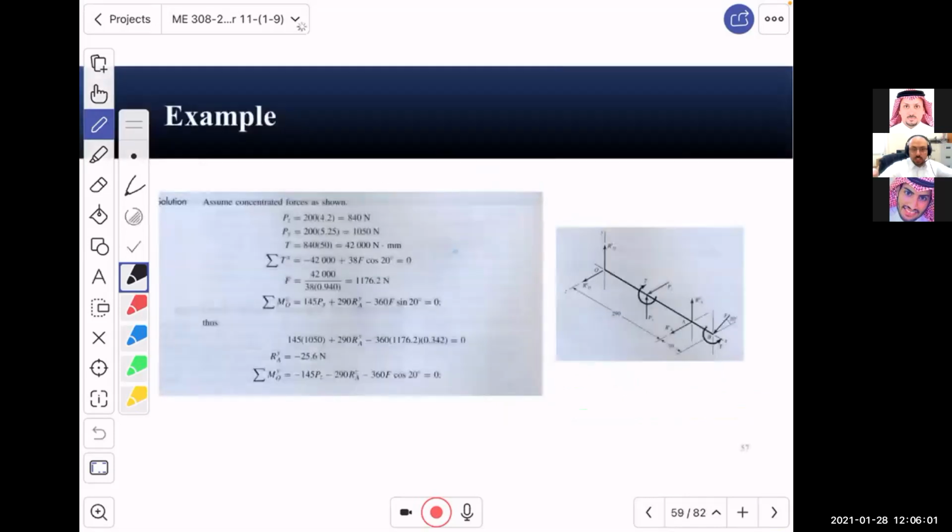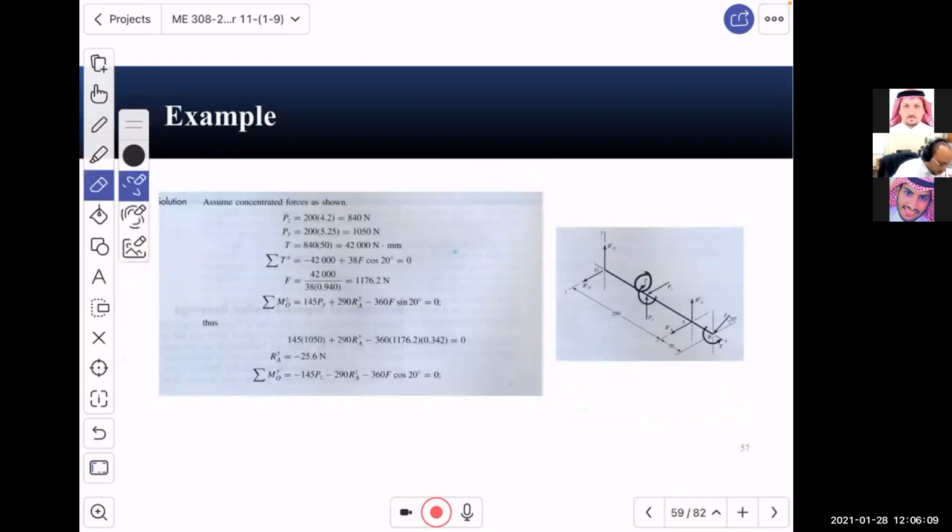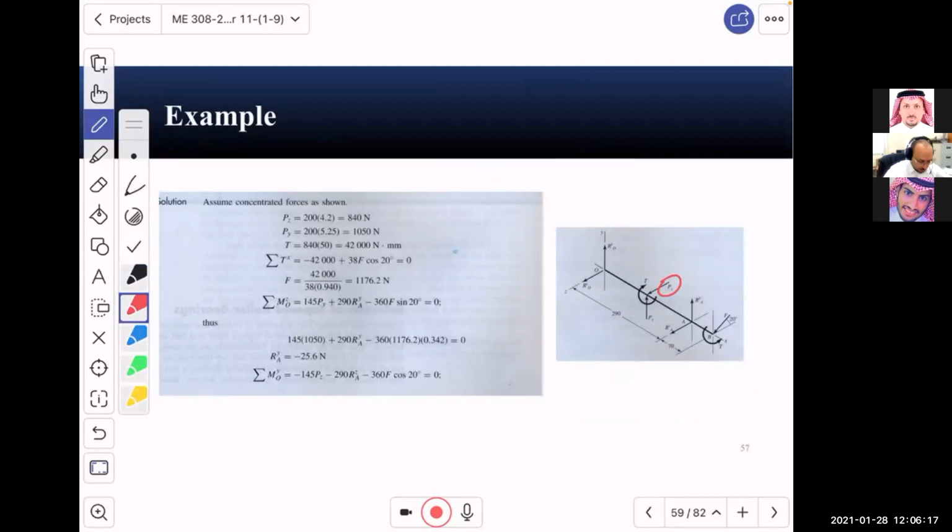Now, let's get back to the problem. I hope this explains why the torque over here is being generated by the reaction, which is this one, which is trying to oppose the motion of the plate. So this is the reaction of the material on the roller.